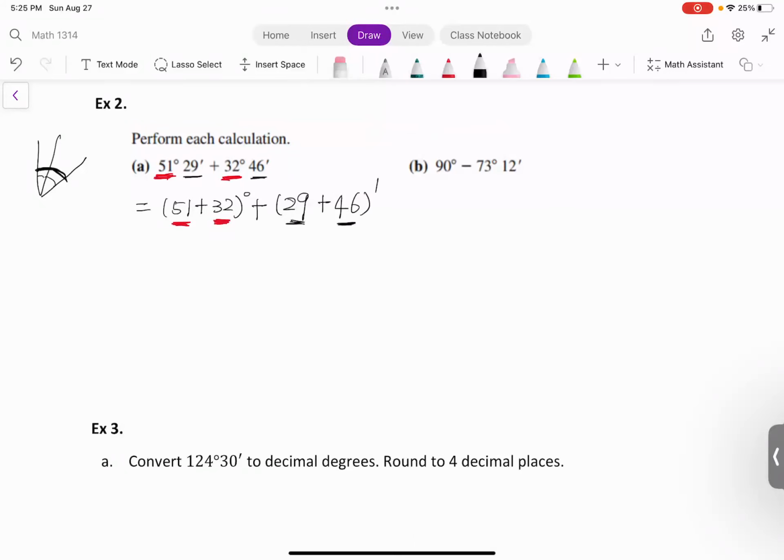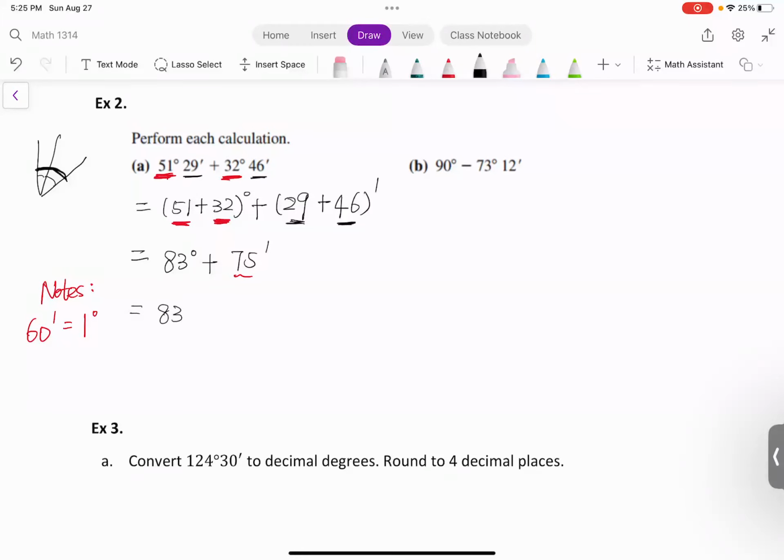Let's see. 51 plus 32, that's 83 degree, plus 29 plus 46, that's 75 minutes. But I know that 60 minutes equals 1 degree. So 75 is a big number in minutes. I can convert it to degree.